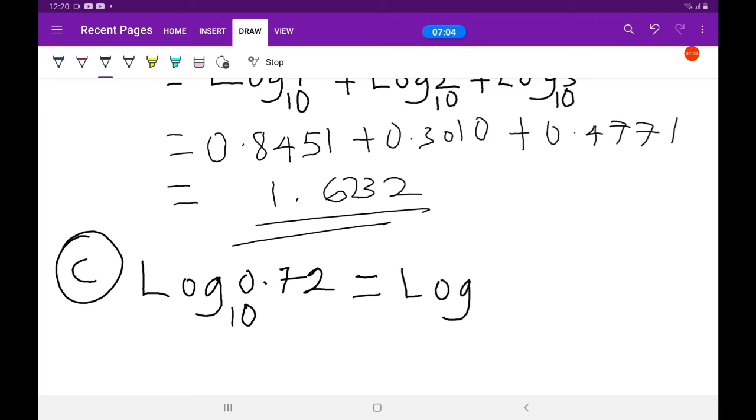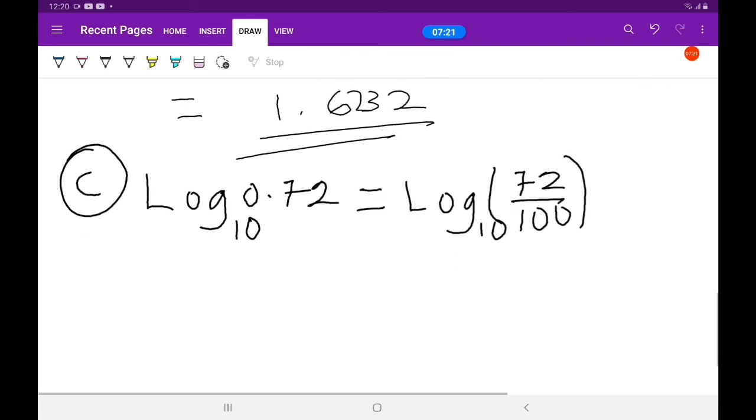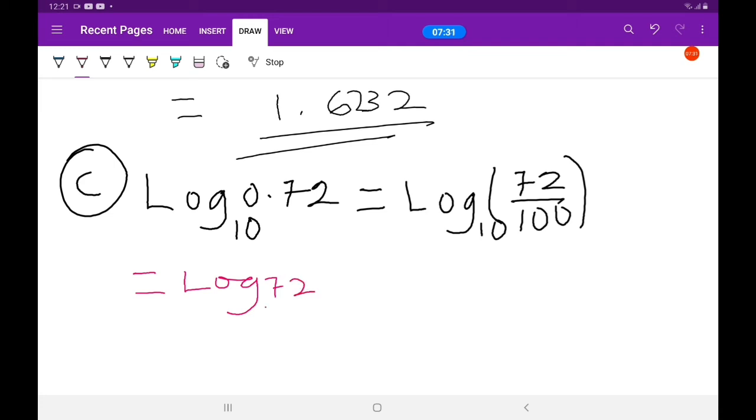If I write this as 72 over 100, I've not changed anything, I've only converted decimal to fraction. And remember, if I have division in logarithm, that becomes log 72 to base 10 minus log 100 to base 10.